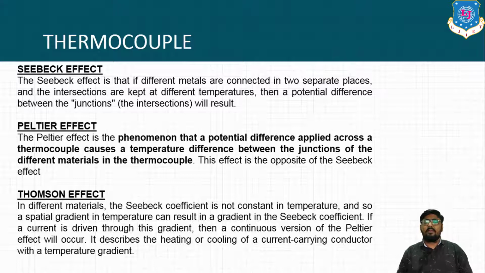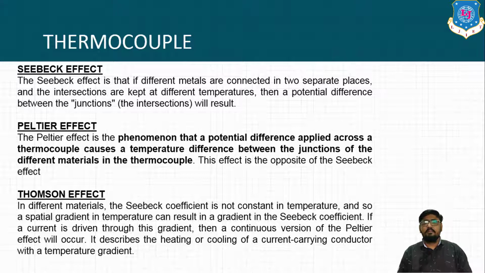What is the Peltier effect? The Peltier effect is the phenomenon that a potential difference applied across the thermocouple causes a temperature difference between the two junctions of the different materials. So the Seebeck effect and Peltier effect combined form the thermoelectric effect. The Peltier effect is nothing but the opposite of the Seebeck effect.